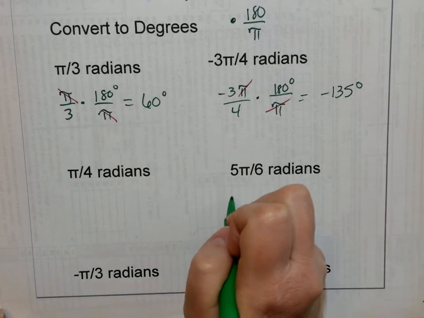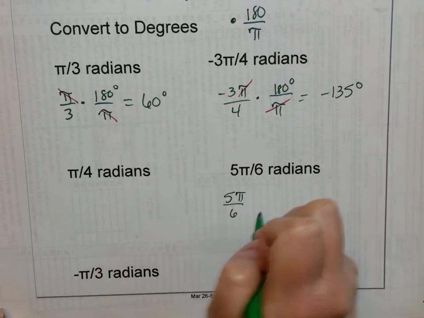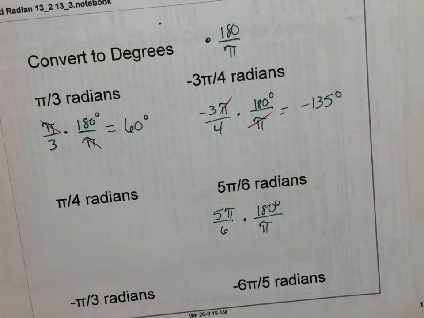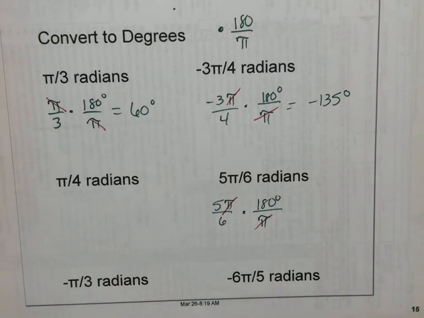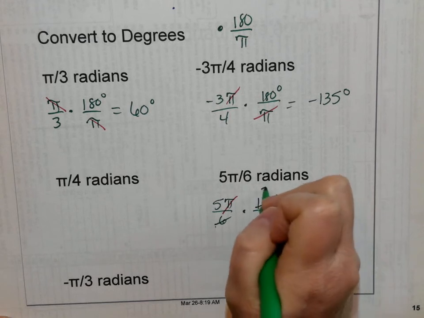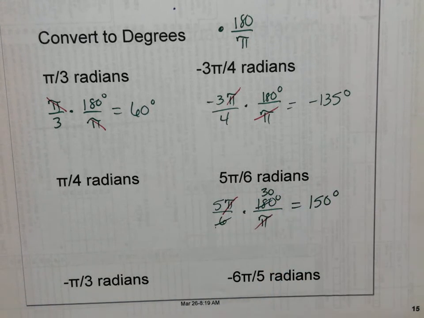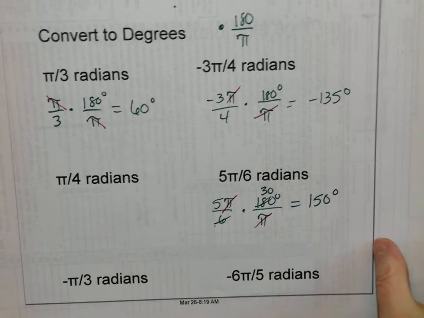Let's do 5 pi over 6. I multiply by 180 degrees over pi. The pi's cancel. 6 goes into 180 30 times. 30 times 5 is 150 degrees. Not so terrible, is it? We're almost done, I promise you.